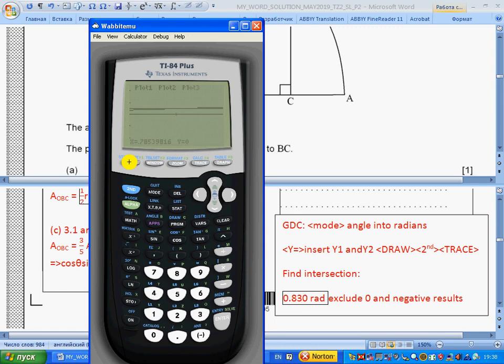Let us see what we have. Cosine by sine, 3/5 of x. Second trace, intersection.